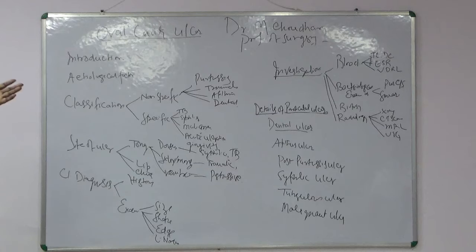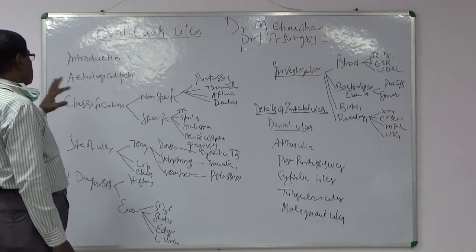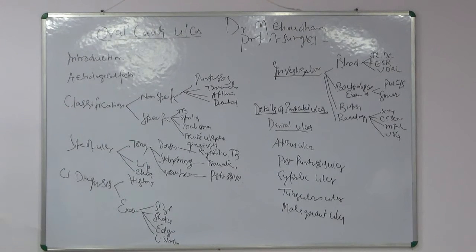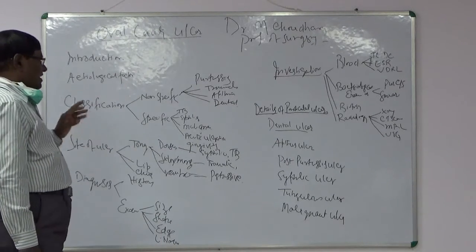I would like to sum up the whole session. When you are discussing oral ulcers, you must know how to examine clinically and take the proper history of the patient, and also examine the ulcers properly by inspection and palpation.